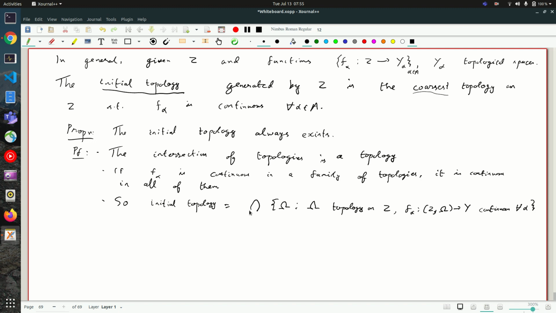So I've taken an intersection of a set of topologies, and the intersection of these will also be a topology. Clearly, any topology which satisfies the conditions is contained in this set, so it contains the intersection. The last point is, how do we know this is non-empty? Well, because in the discrete topology, everything is continuous. So we at least have one topology here, and so this gives you the coarsest topology which has these things.